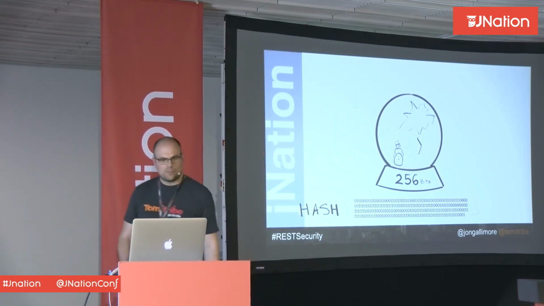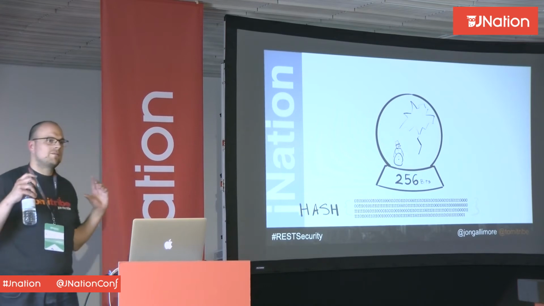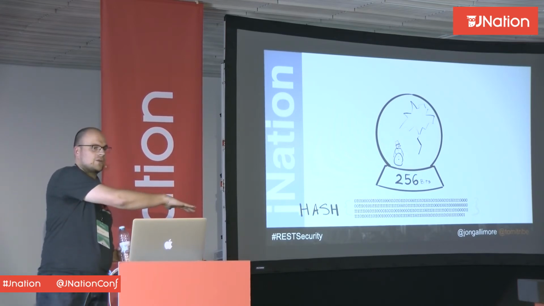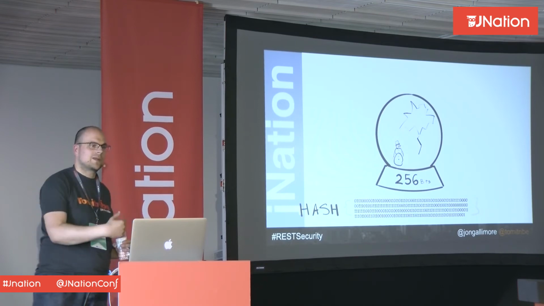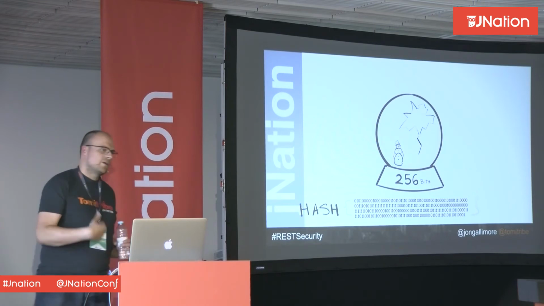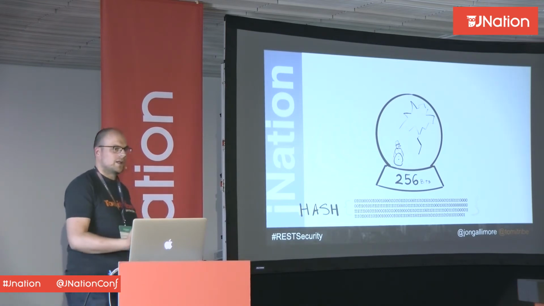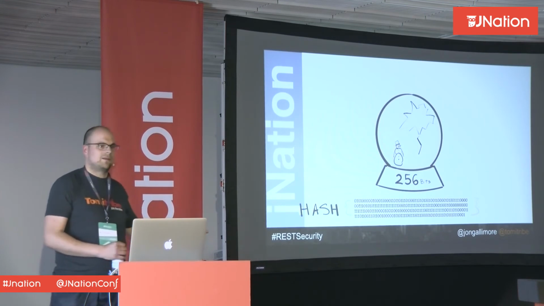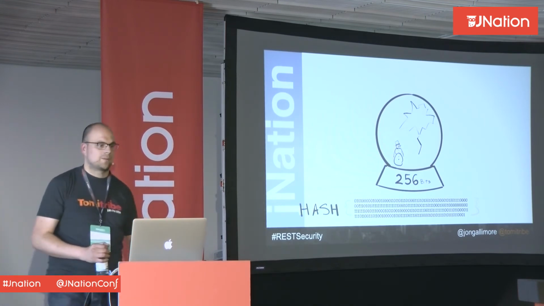So the important property here is that if we run the same data through, we should get the same hash. So if we go and get a hash of a file, and we do that over and over again, each time we should get the same hash. If we put different data through, then we should always get a different hash coming out.